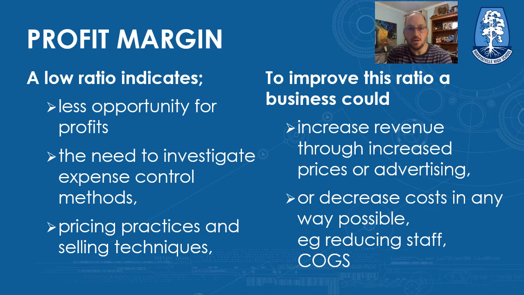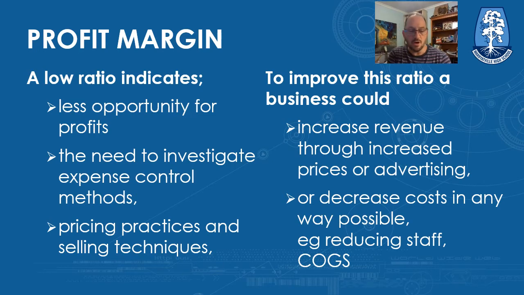there would be less opportunity for profits to be distributed to owners and shareholders. Owners and shareholders always would prefer higher margins, higher profits, and so a low ratio indicates less opportunity for those profits to be distributed. It indicates the need to investigate expense control methods.